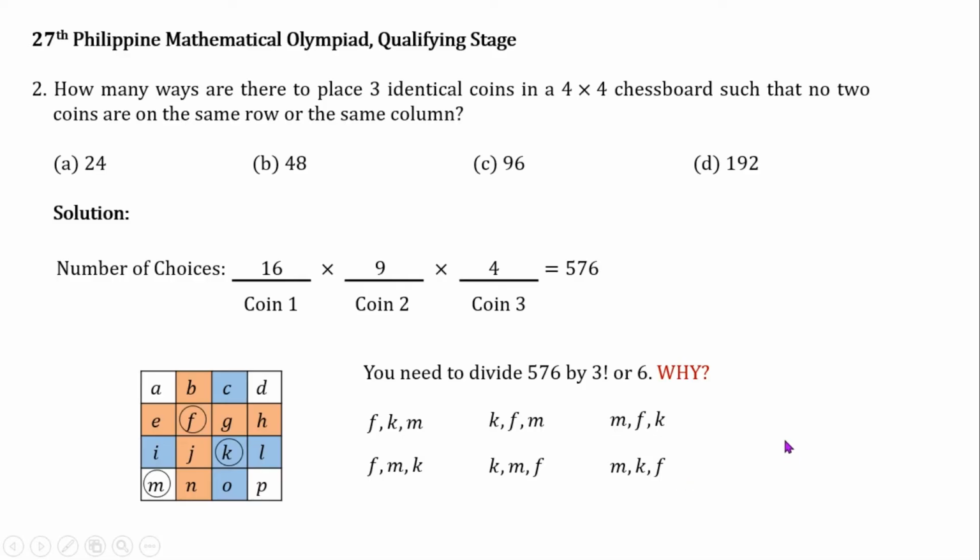So we are actually arranging the chosen letters in 3 factorial ways, right? So we have to divide 576 by 3 factorial or 6. So the final answer must be 576 divided by 6, which is equal to 96, and that is letter C.